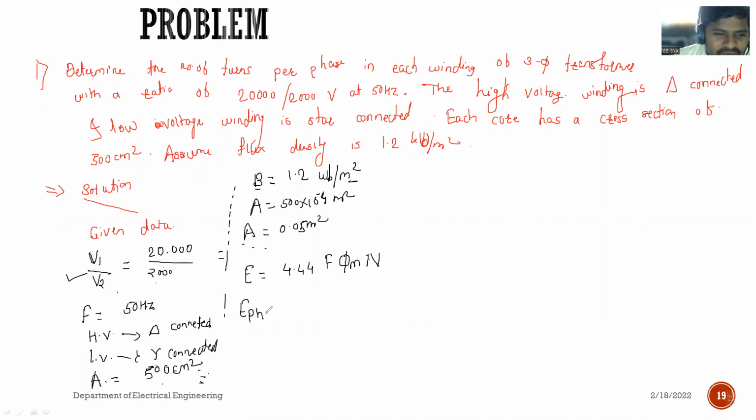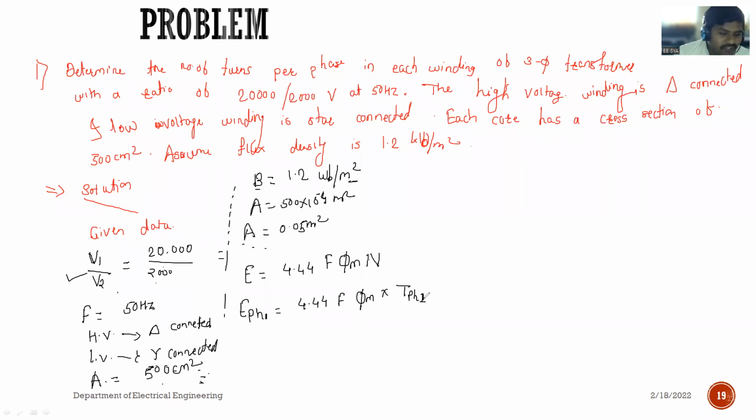So EPH1 is equals to 4.44 F phi m into TPH1. Okay, I have written this formula for primary side. In case of 3 phase, we are representing here a phase voltage.